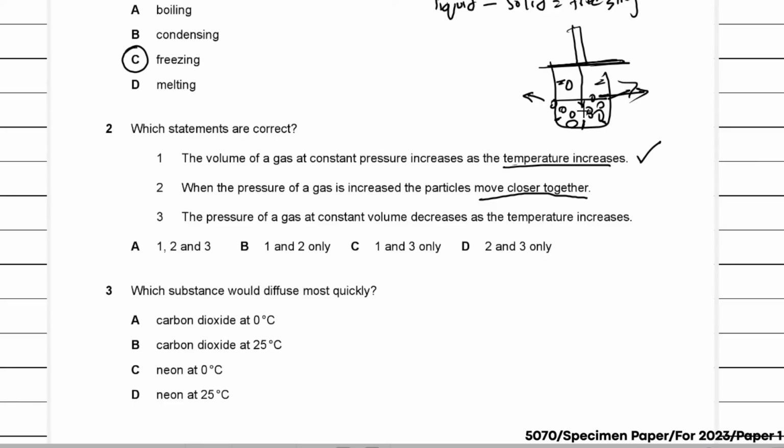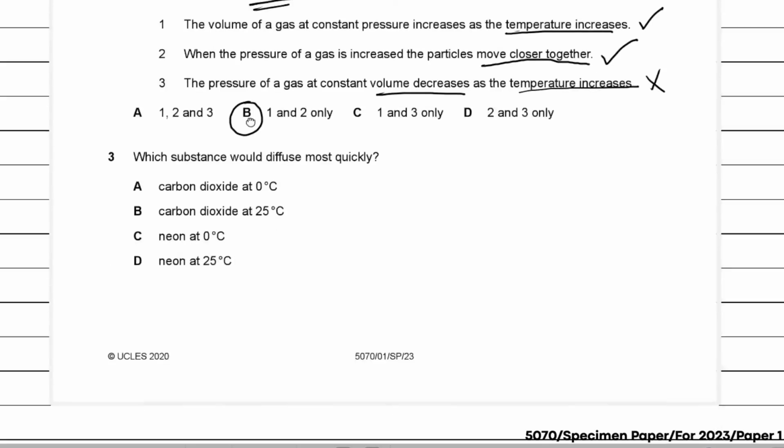So yes, the particles will come close together. So statement 2 is also correct. Followed by statement 3: the pressure of a gas at constant volume decreases as temperature increases. So this is literally the opposite of statement 1. So that means this is incorrect. It asks us which statements are correct, so our correct answer is going to be B, statement 1 and statement 2.